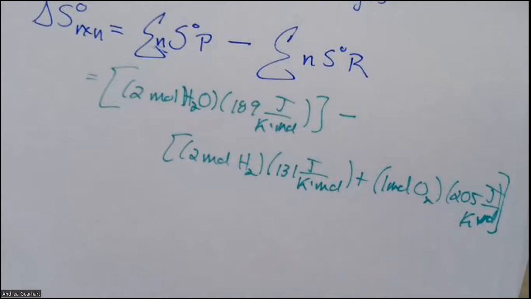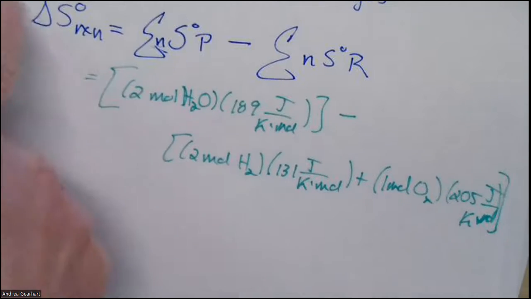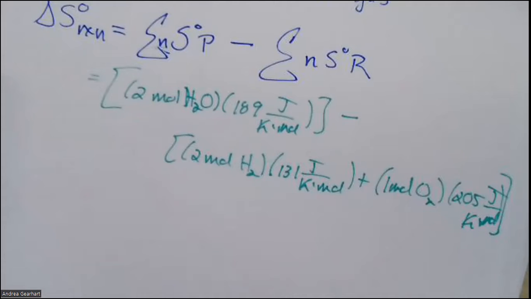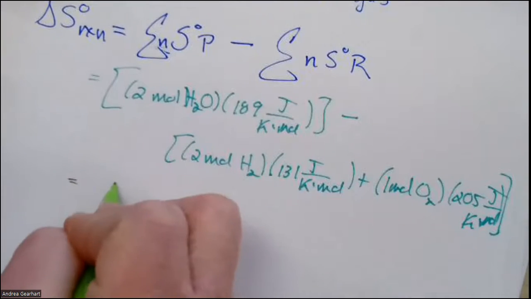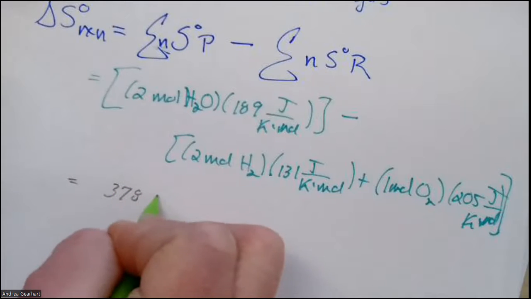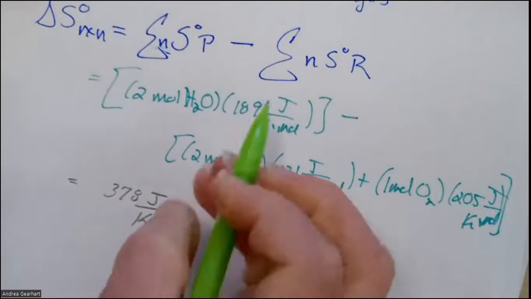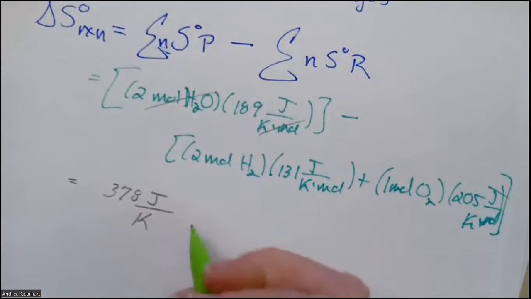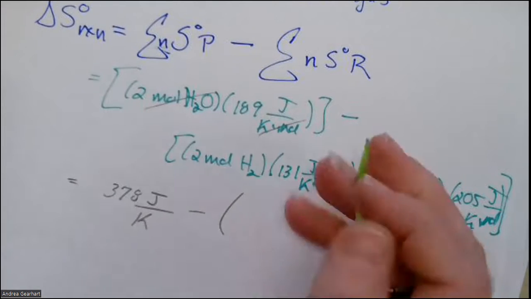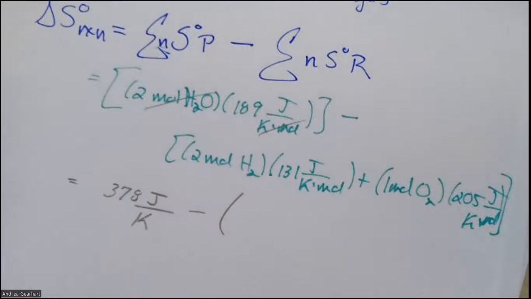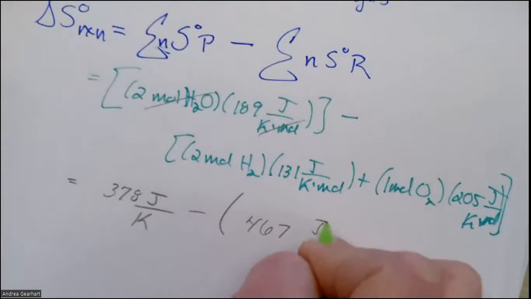Sig figs are always sticky with these. So of course our coefficients would not limit us. Okay, so we should get 378 joule per Kelvin. Technically the moles cancel, yeah. Minus 262 plus the 205 and 467.